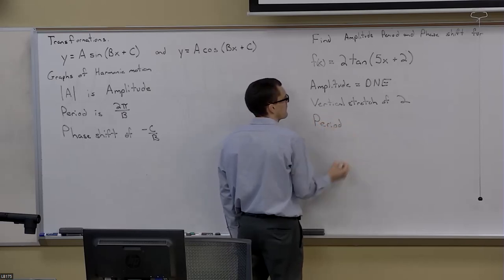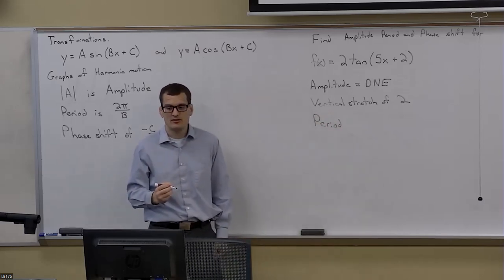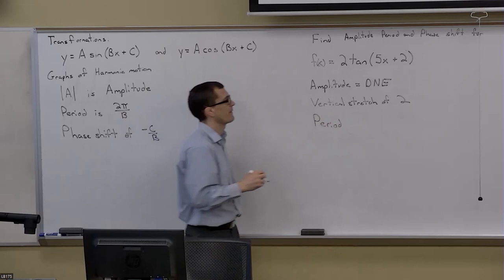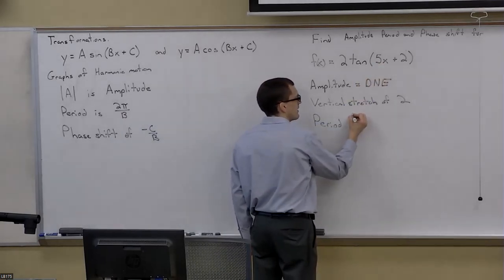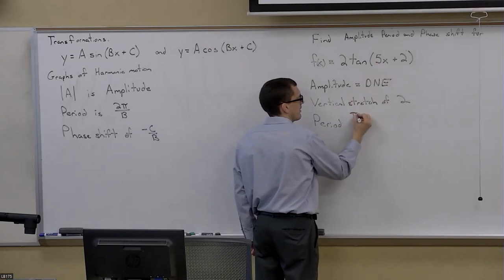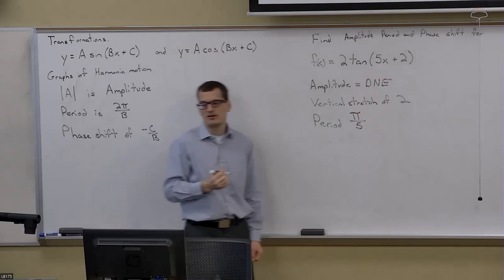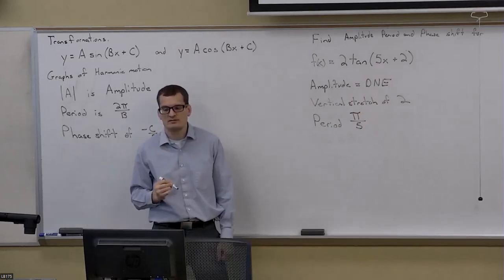The period on tangent used to be pi, with our base function of tangent having a period of pi. Now that we have a 5 in front, for the exact same reasons we did earlier, the period is going to be pi over 5, right?